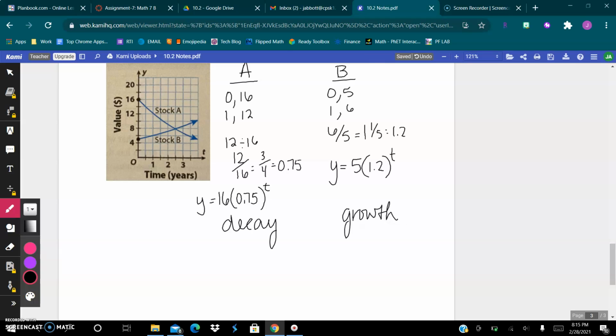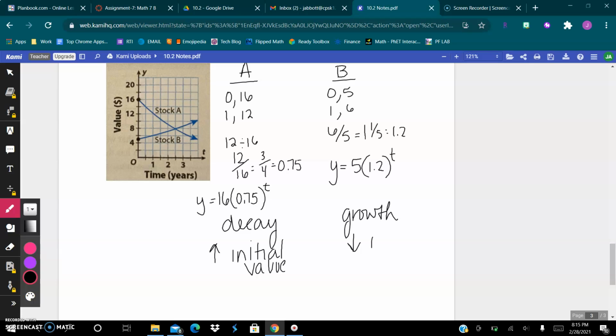And stock A starts higher, but after it looks like 2.5 years, they meet, they're equal after 2.5 years, and then stock A is no longer the higher stock. Stock B then becomes worth more. So A has a higher initial value.